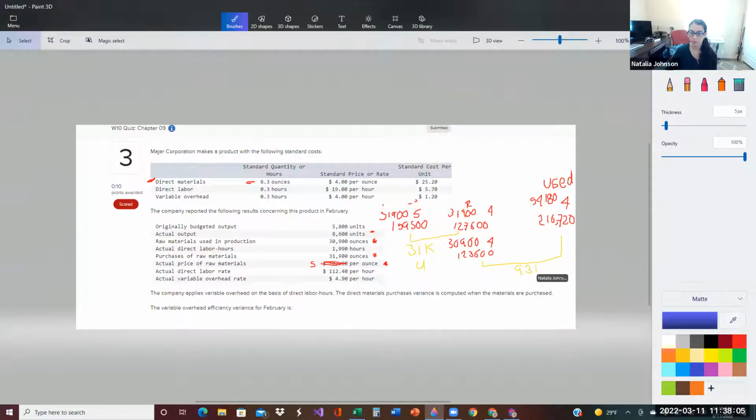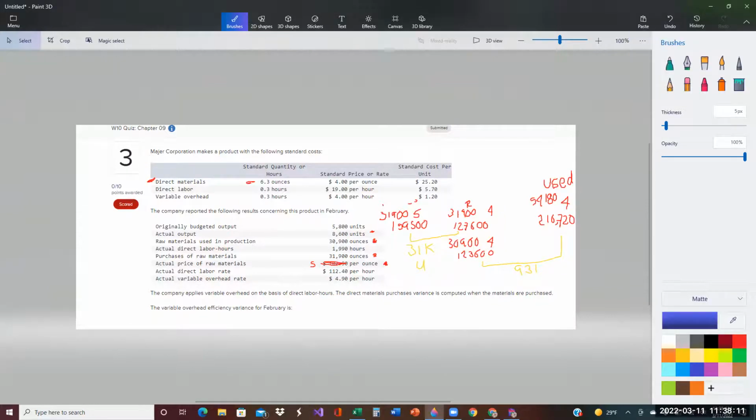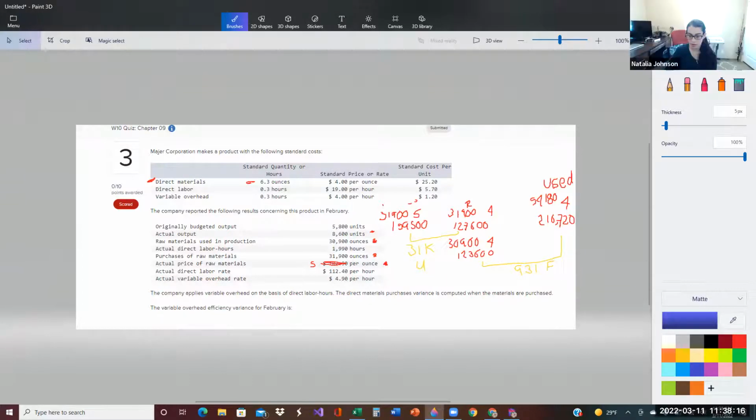Okay. Favorable or unfavorable? Favorable, because there are fewer pounds used here than the standard. Does that make more sense now? So material price variance is amount purchased and quantity is amount used. Which makes sense because price is purchase, so how much you pay for it, and used is quantity, how much quantity you used.